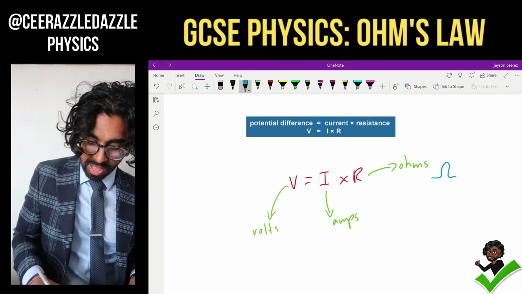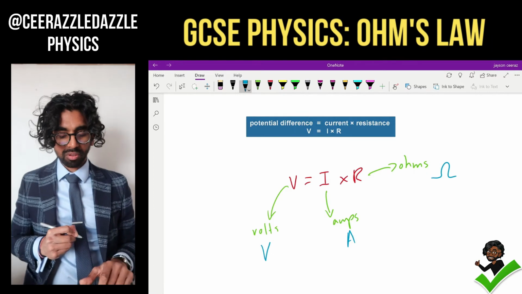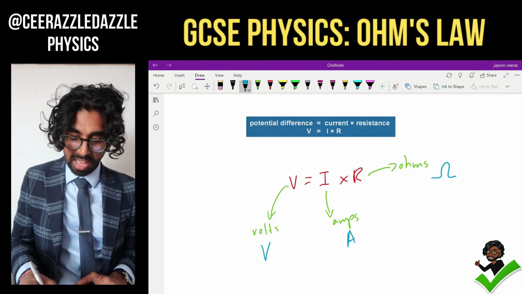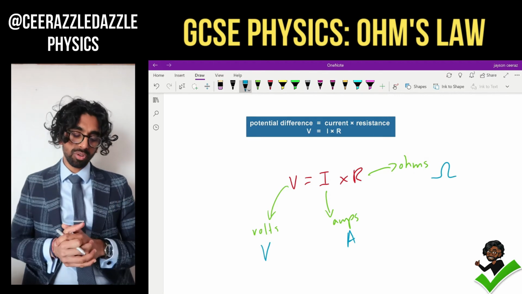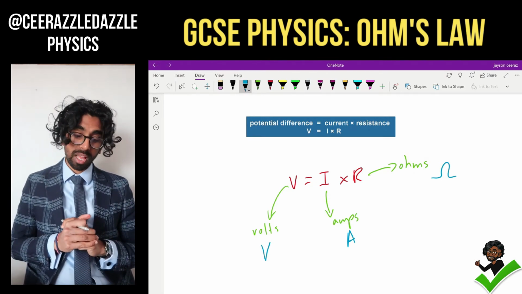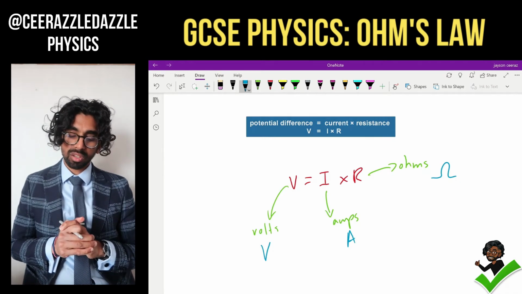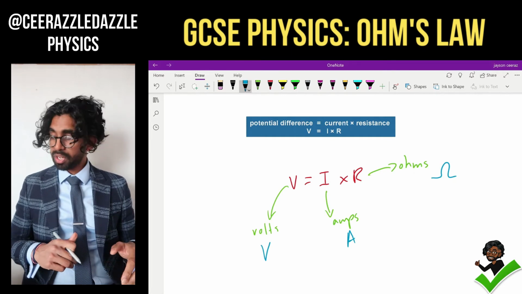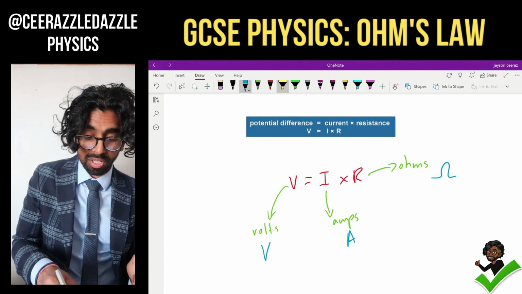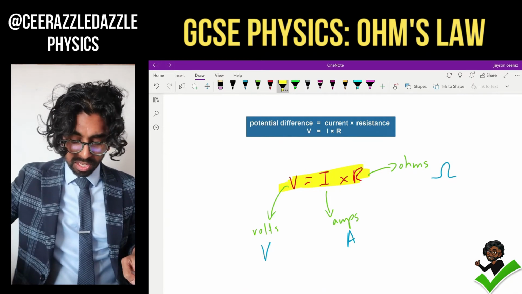The units of each one of them, amps, capital A, volts, capital V. So V is equal to I times by R, and our units for voltage is volts in capital V, our units for current are in amps, capital A. Our units for resistance are ohms in the symbol omega. Right, let's see if we can actually use this formula, and you've got to memorize that for the GCSE, in the next part of my lesson.